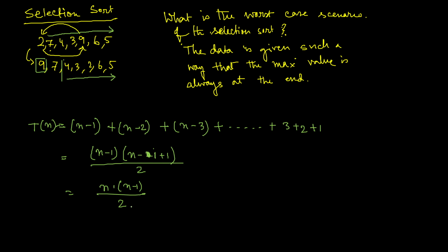This 1 and 1 cancel out. That means it becomes n square by 2 minus n by 2. So your Tn becomes half n square minus half n.